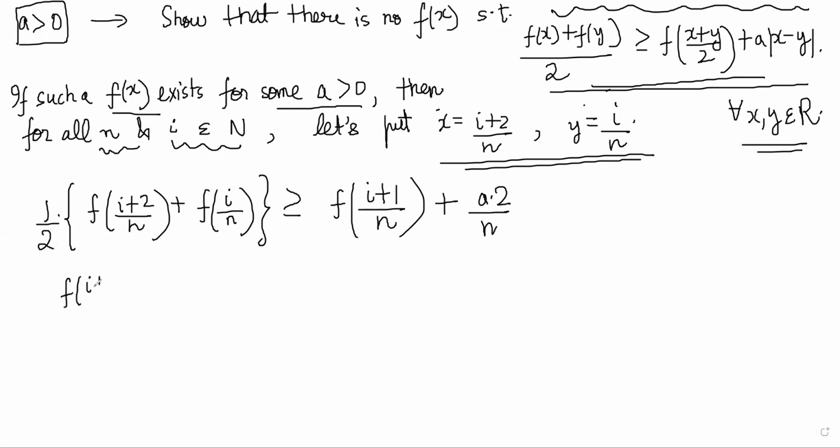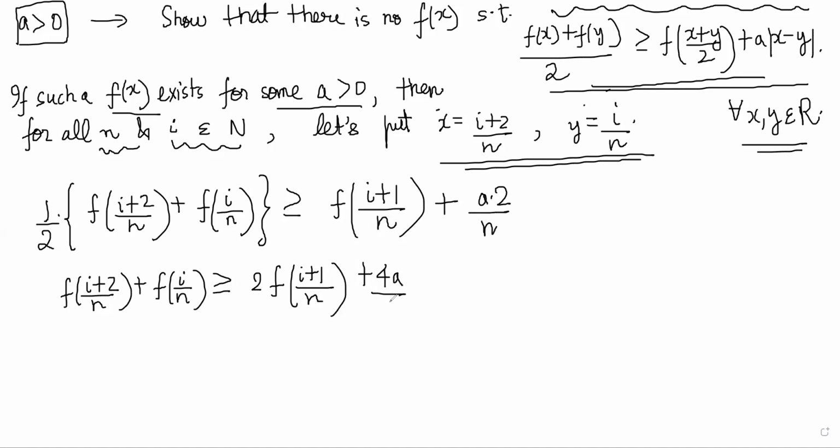You get f of (i plus 2) by n plus f of i by n is greater than or equal to twice f of (i plus 1) by n plus 4a by n. Now we will rewrite this equation this way.